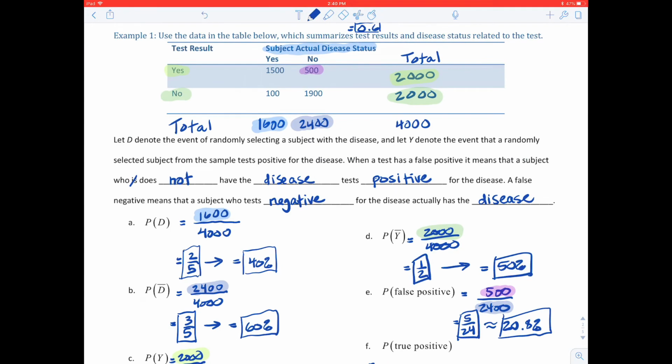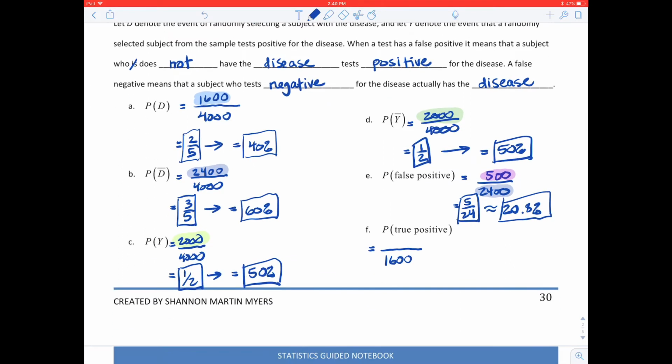Now, how many of those who have the disease tested positive? Perfect, 1,500. So that gives us 15/16 exactly, which is approximately 93.8%.